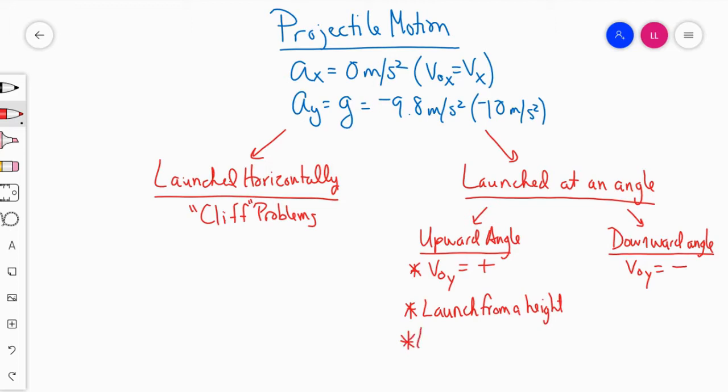Or I can launch to a height, which is like hitting up to an elevated green. When it comes to the launch horizontal, the height sets the time.